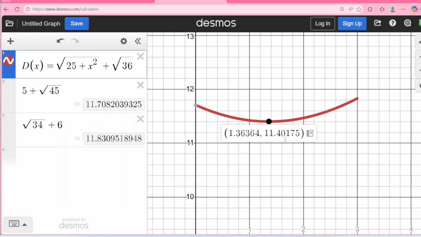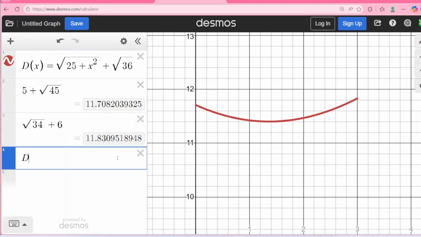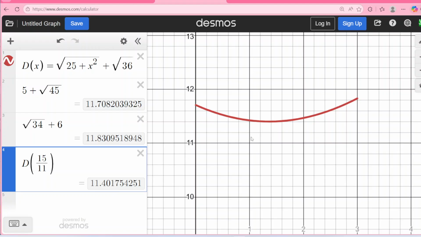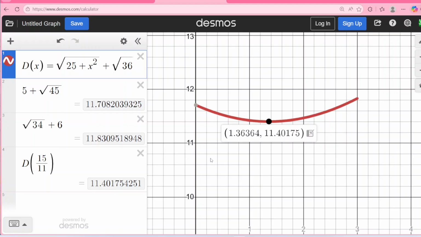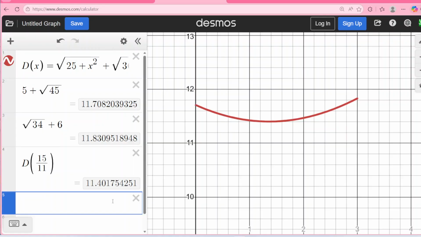So see how this points out a minimum. The minimal distance here is 11.40, and I said that that would be the value of this d function at 15 elevenths. See, its minimal distance is this 11.401. But remember, I said earlier with that non-calculus method with the reflection property that I could have plugged it in, I just didn't feel like it for now. So that's the square root of 130.